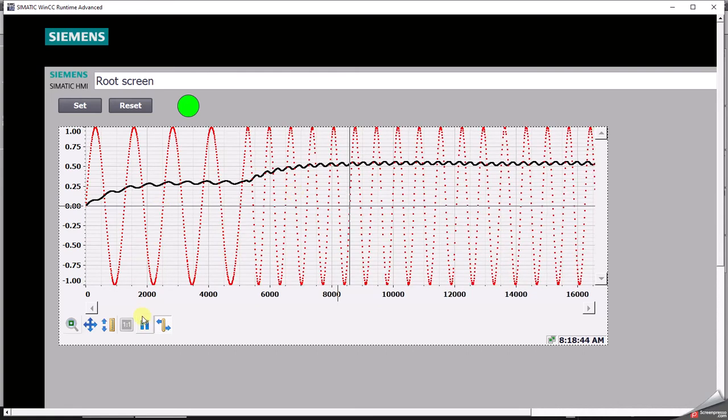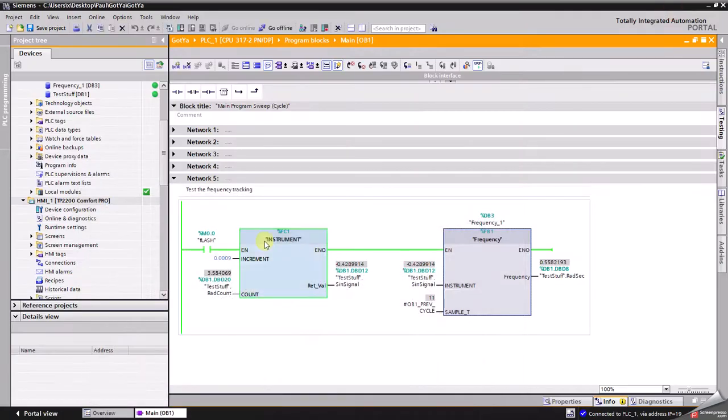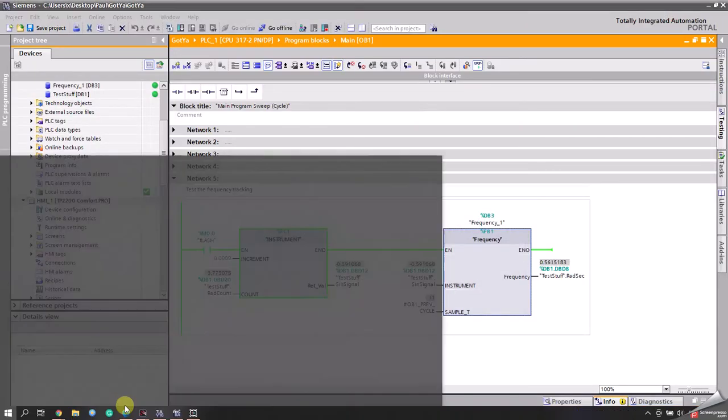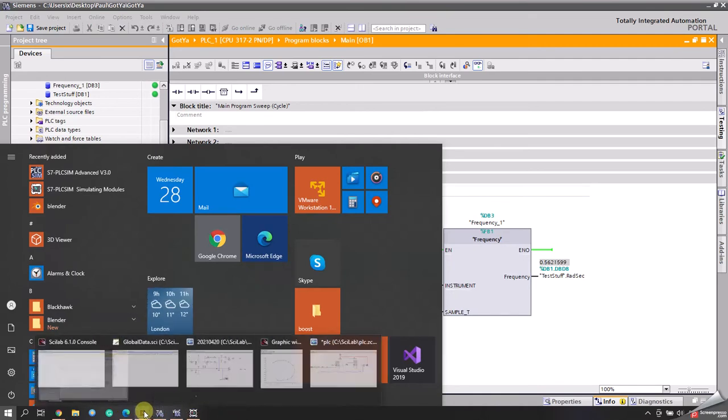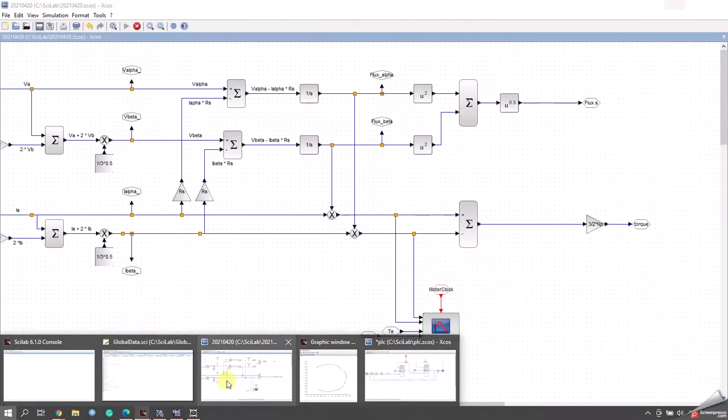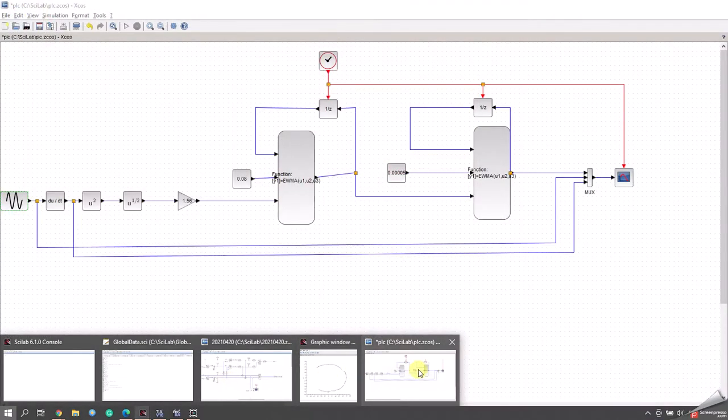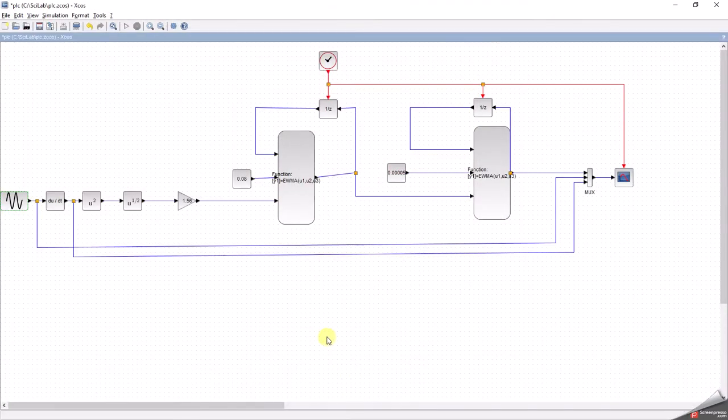Now, how I developed this algorithm: I actually used the simulation package, because the simulation package is, to be honest, a lot easier than mooching around the TIA package. It's quicker. This is over here essentially. So this is the algorithm.